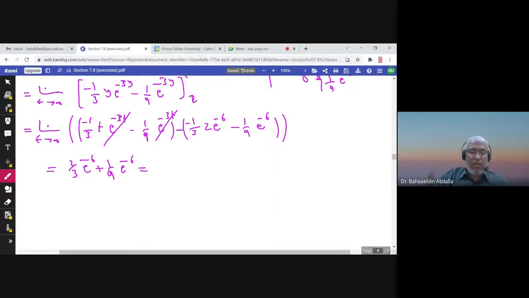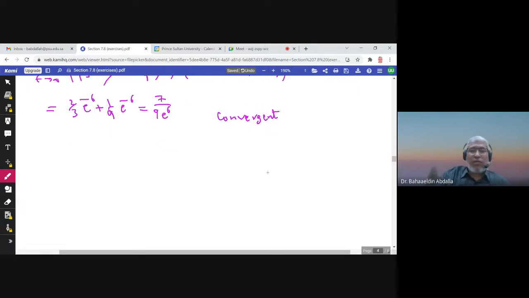And I can write it as 7 over 9 e to the power 6. And the integral is convergent.